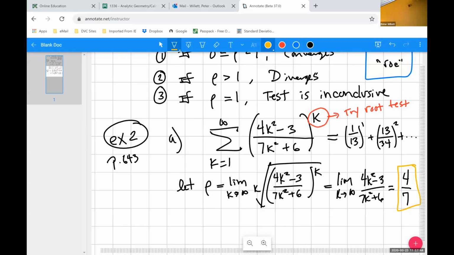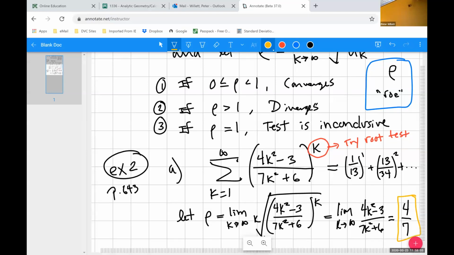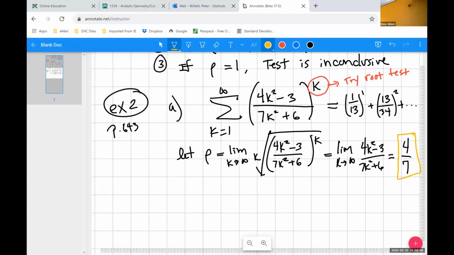And so that is this rho value that we were tasked to evaluate using this test. And then again, just like with the ratio test, if that number is between 0 and 1, not including 1, but less than 1 specifically, then we get convergence, and 4/7 is less than 1. So that's what we get.